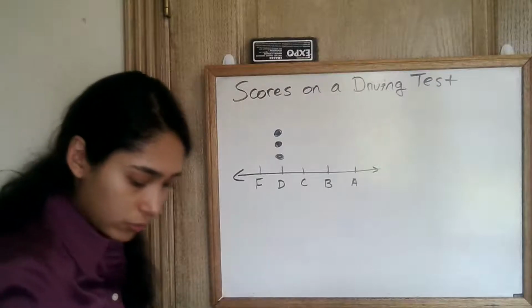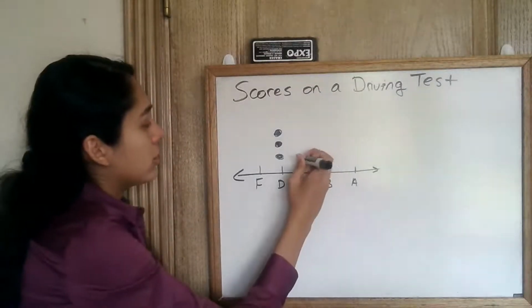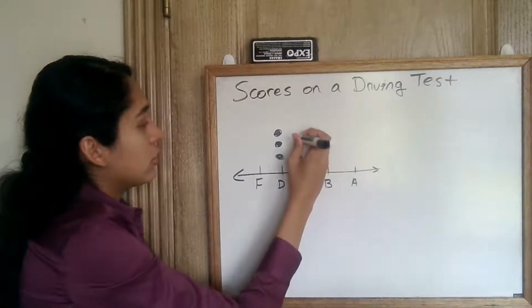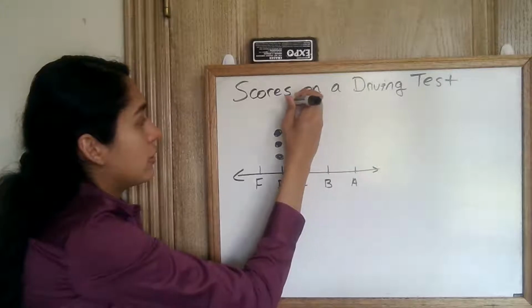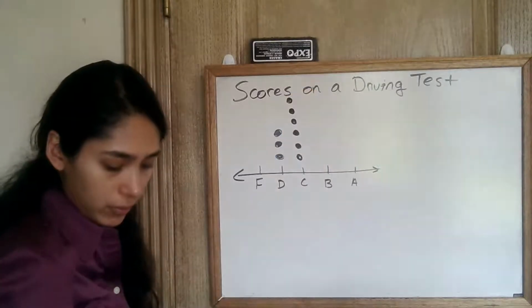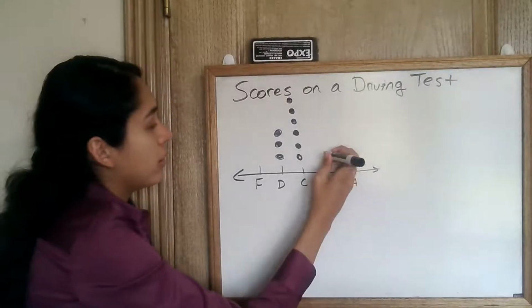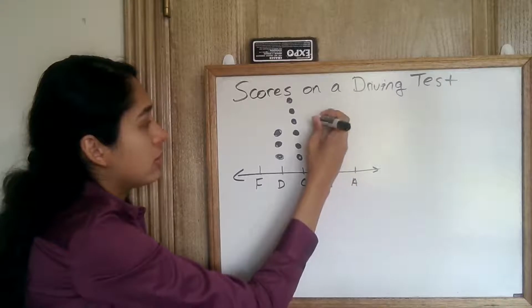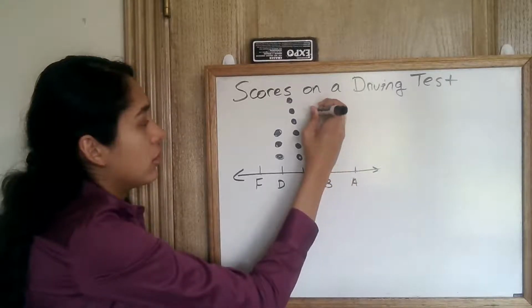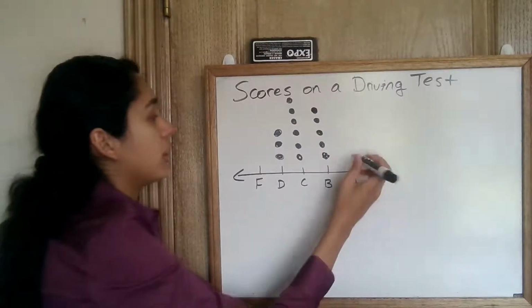Then we say that 6 people got C's. And then 5 people got B's. And then A's, 2 people got A's.